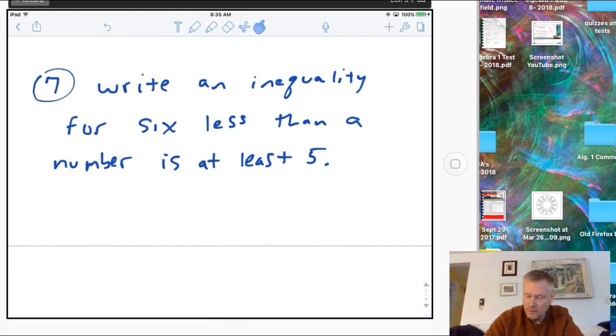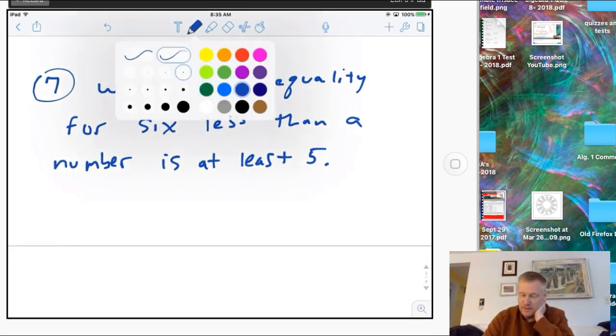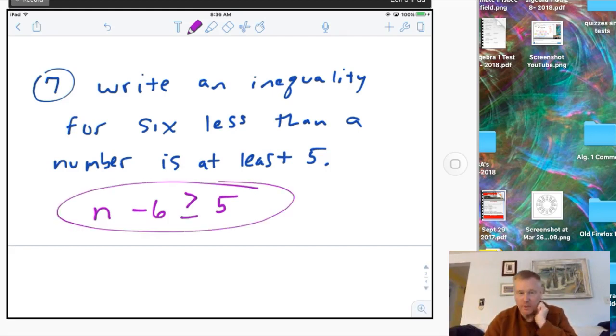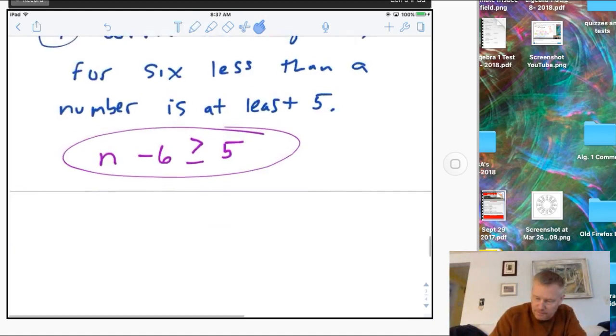All right, so this one, you're going to write the inequality, right? 6 less than, that's where you subtract 6 from something. We'll say n is the number, okay? So n minus 6, that's for 6 less than a number, is at least 5. So at least means it could be greater than, or it could be equal to it. So I believe that is what we got there. So there's that answer.